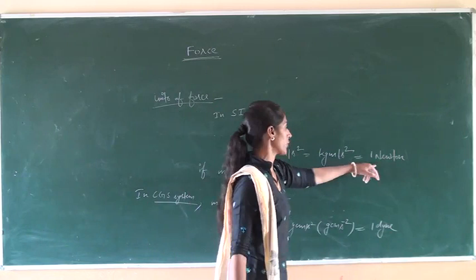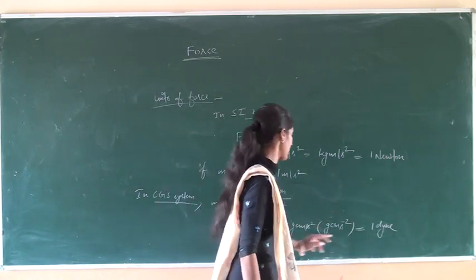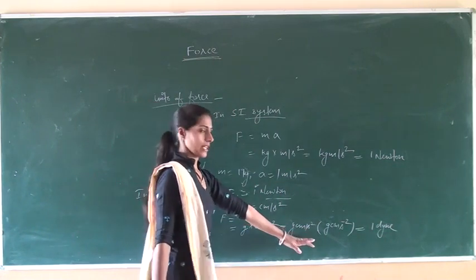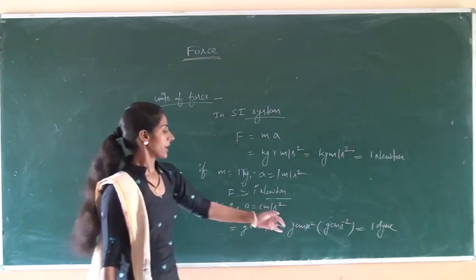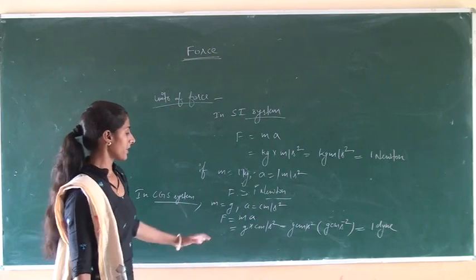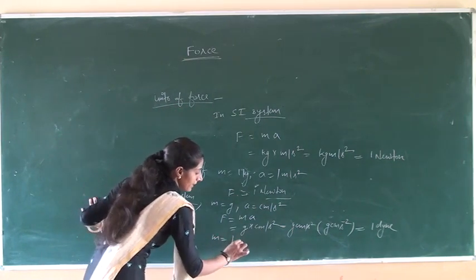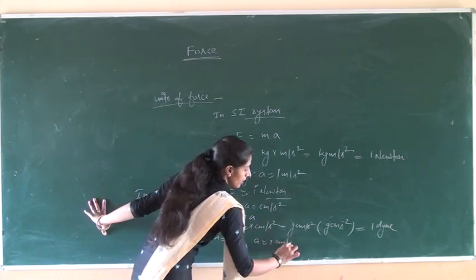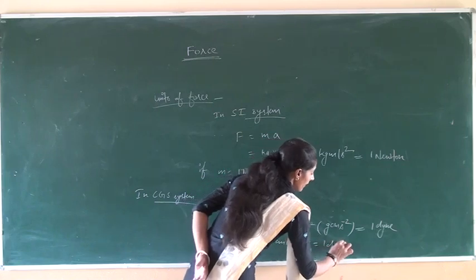Similarly, as 1 Newton is 1 kg meter per second square, 1 Dyn is equal to 1 gram centimeter per second square. This is the unit of force in CGS system. Okay? Here also, if our mass of the body is 1 gram and acceleration is 1 centimeter per second square, then the force is equal to 1 Dyn.